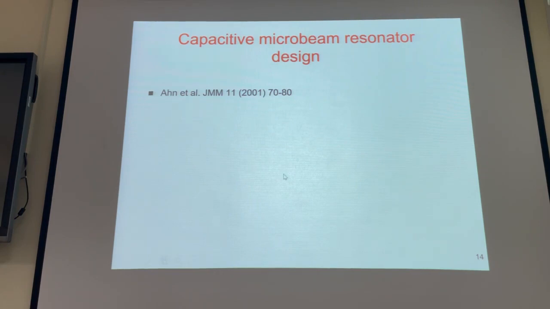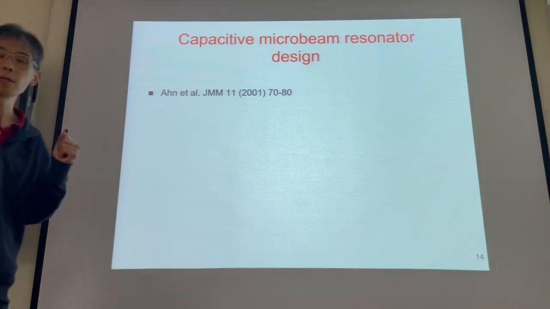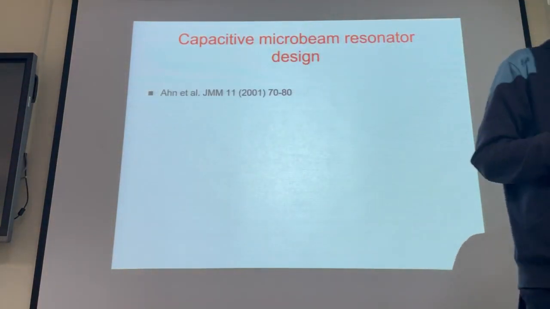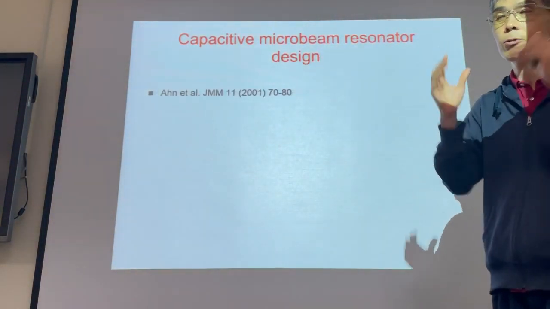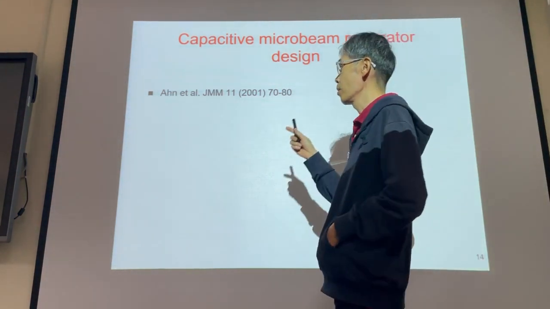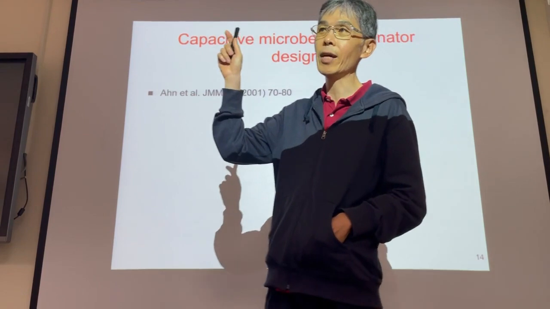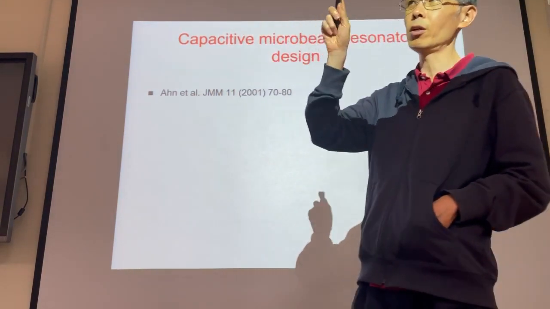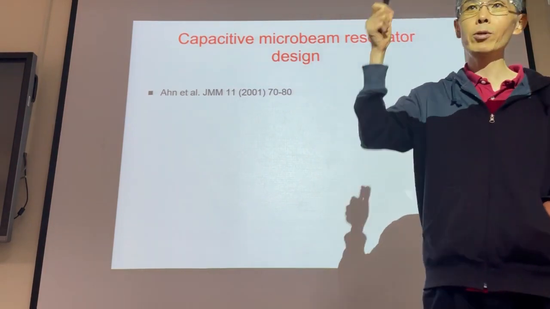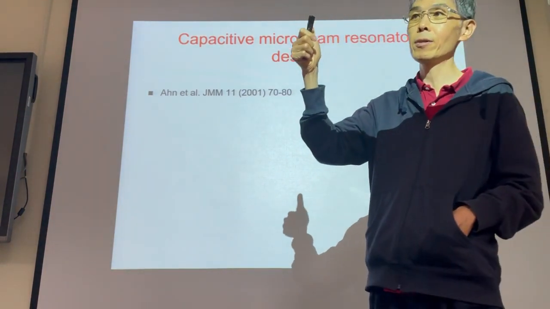Okay, so now we are going to officially discuss the resonators. Now we have some background knowledge. In the previous slide, we had the Journal of Microelectromechanical Systems. That's the #1 journal in MEMS.